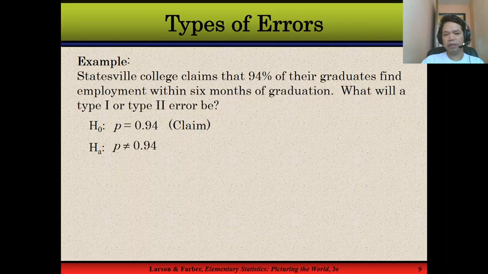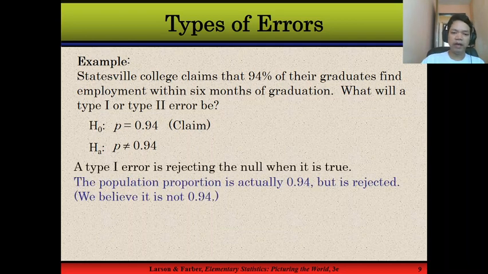Ang alternative natin is p is not equal to 0.94. So, a type 1 error is rejecting the null hypothesis when it is true. Ibig sabihin, totoo yung claim nung college na yun, tapos ni-reject mo. So, type 1 error yon. The population proportion is actually 0.94, but it is rejected. So, ngayon, nagkaroon ka ng type 1 error.